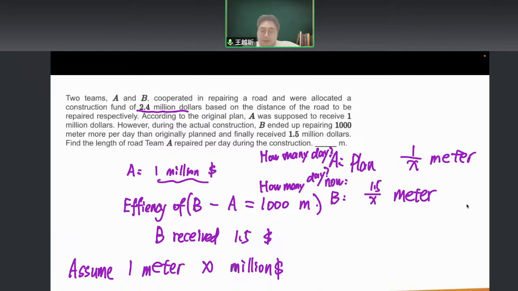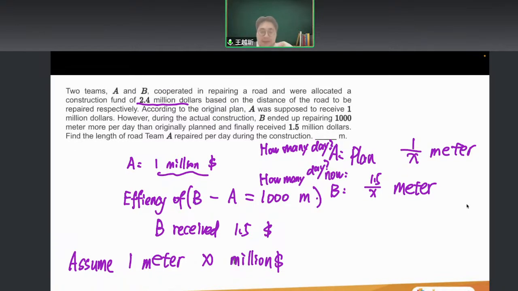You need to assume another one, and remember the days times A's efficiency plus days times B's efficiency should equal 1. You can just assume 1 is the total distance.